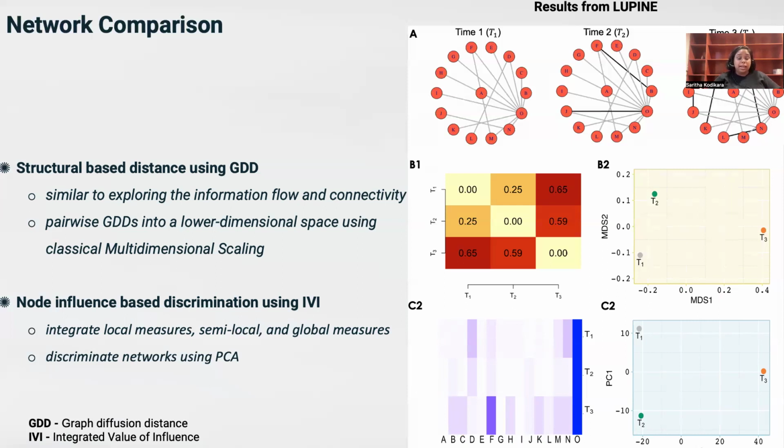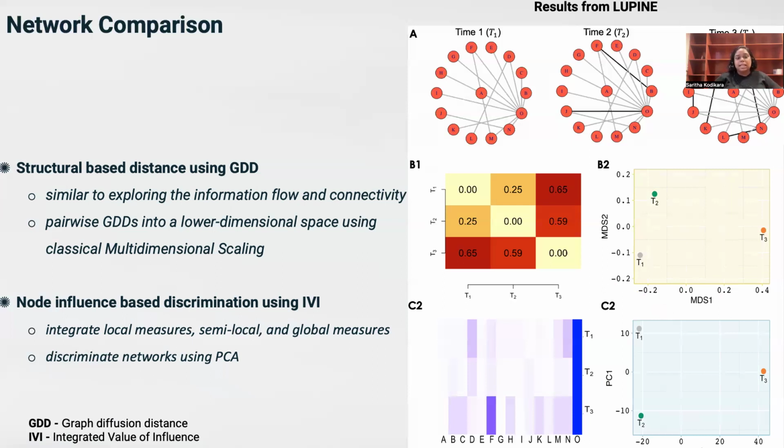Again, this is a good thing, but you also want to see, based on this node influence, how your network similarity compares. For that, you can use these IVI scores in a PCA to try to identify which networks are similar based on these IVI scores.